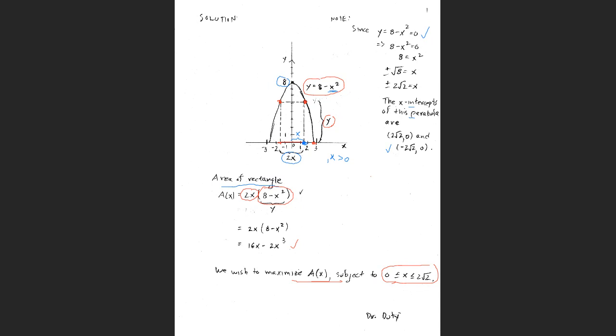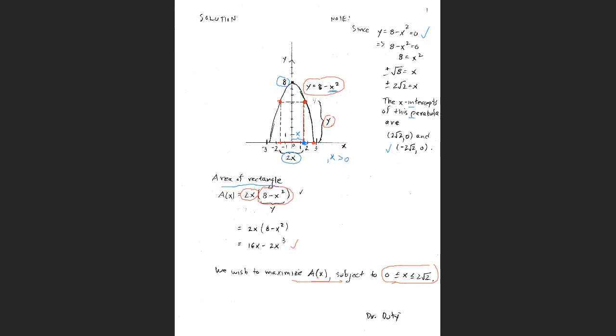Okay, how is the height equal to 8 minus x squared? Well, that's the function of the parabola. That's right, Lynn. Here's the height right here.